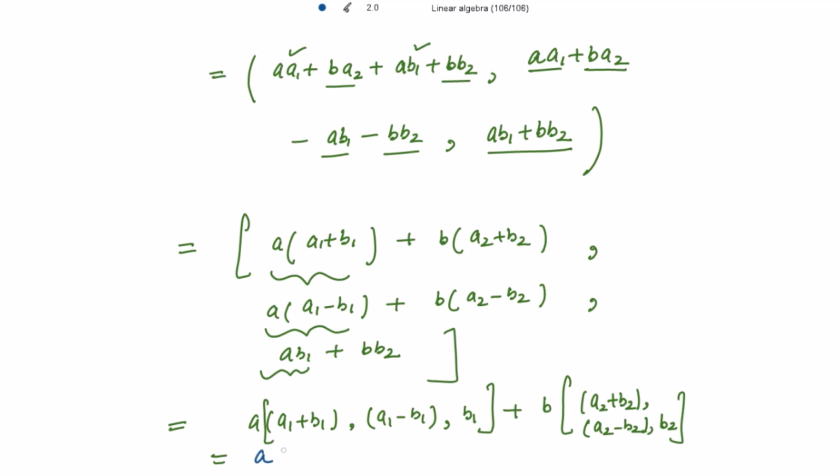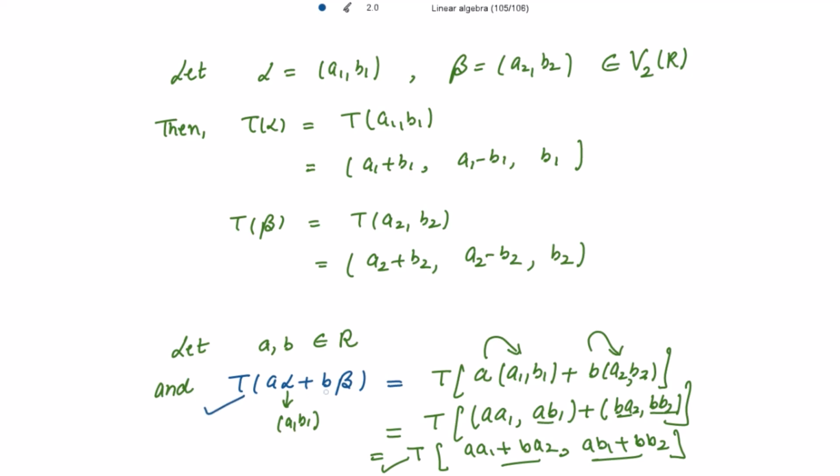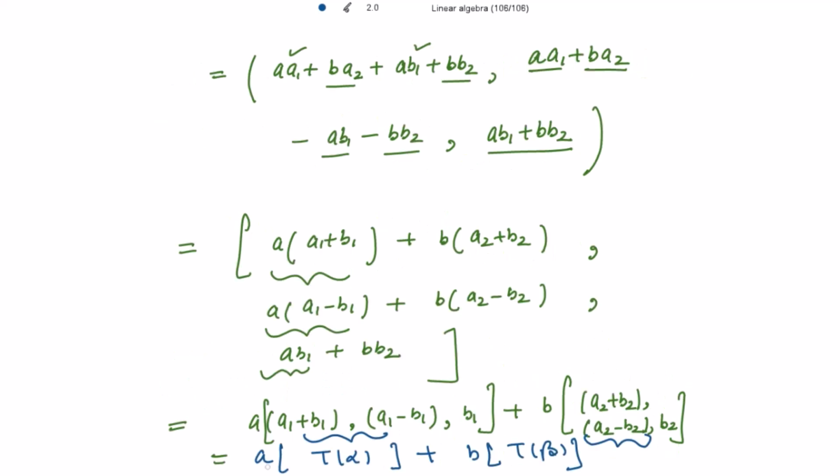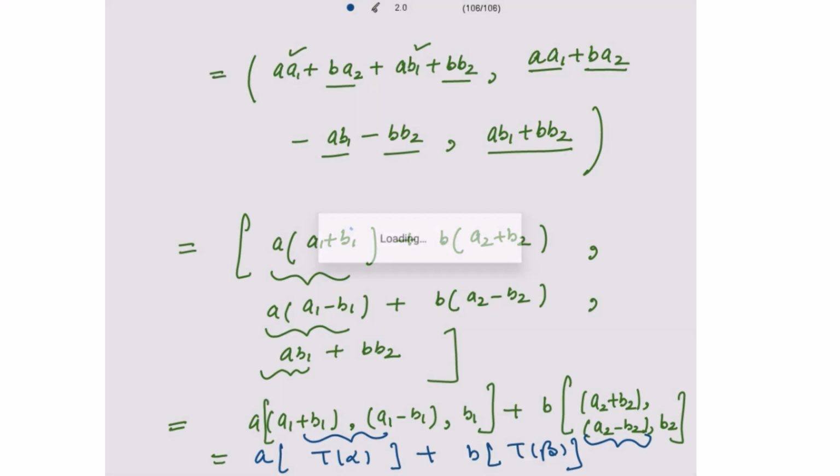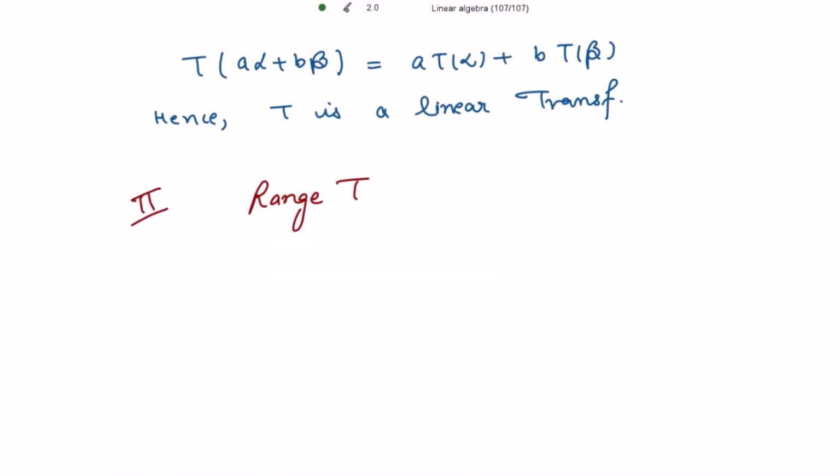So this is a into, this is nothing but T(alpha), plus b into, this is your T(beta). So we have shown that T(a alpha + b beta) is equal to a T(alpha) + b T(beta). And now we need to find the range of T.